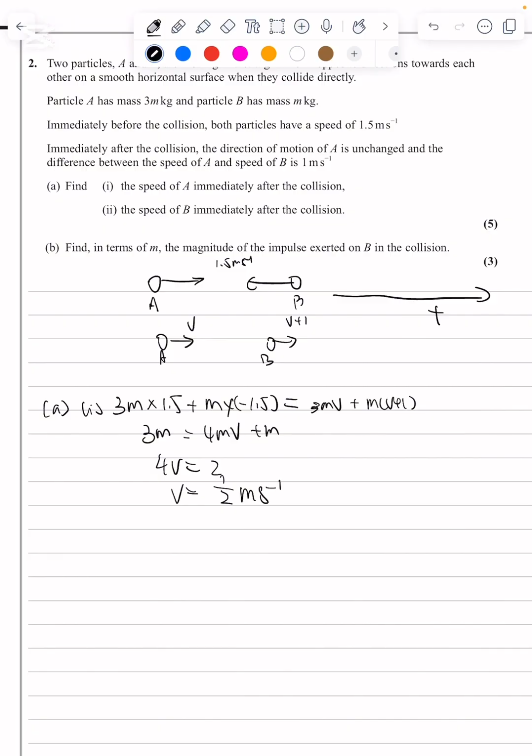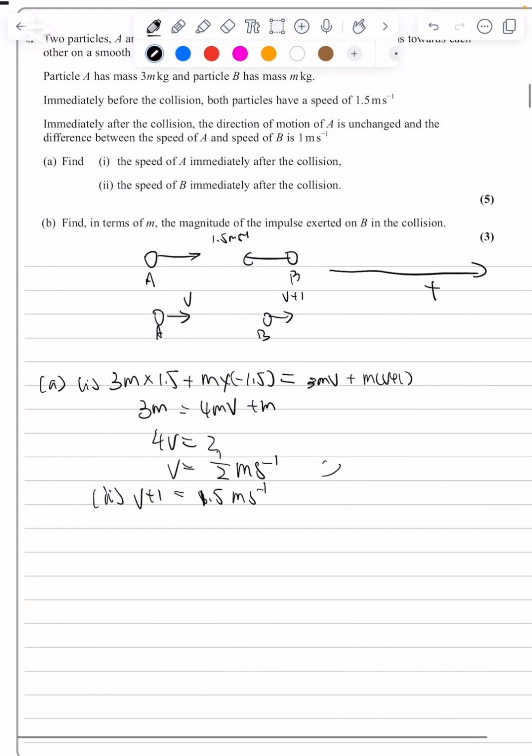Okay, so it's 0.5, and then the speed of B, v plus 1 equals 1.5 meters per second. So this is the speed of A, and this is the speed of B. Well, basically it's just conservation of momentum.